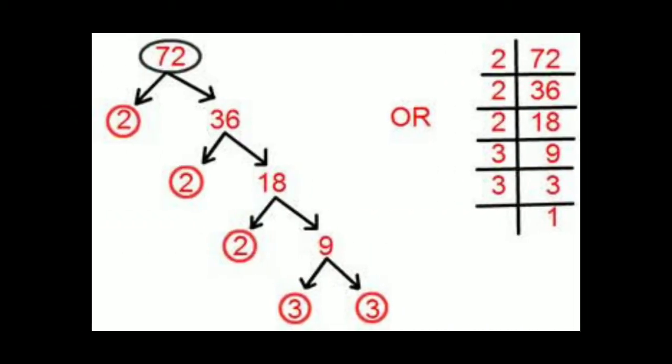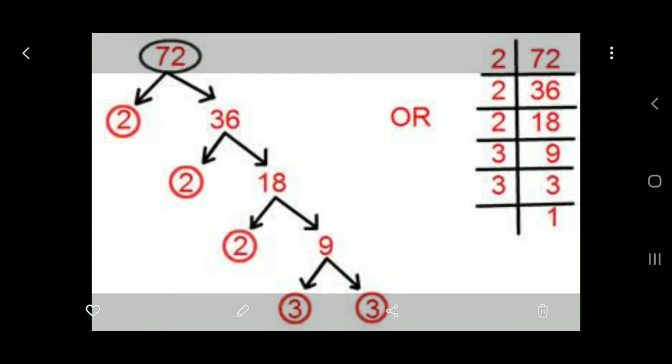Okay. So, next is prime factorization. Before that, how is the 72 written here? Just like a tree. Have you studied the factor tree? Yes. The first one is the factor tree. The second one is prime factorization.